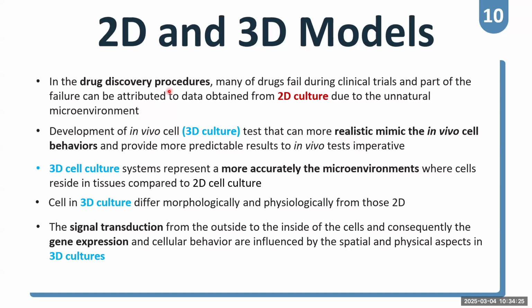What does that mean? When you use 2D cell culture, imagine, for example, breast cancer cell lines, the immortalized breast cancer cells on the market. If you search on Google, you will get around 10 to 15 or 20 breast cancer cell lines.